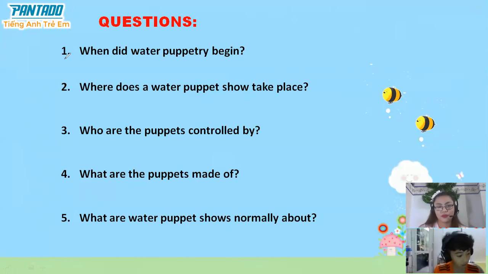In the pool. Okay, very good. Number three, who are the puppets controlled by? Puppeteers. Okay, what are the puppets made of? They are made of wood and paint.